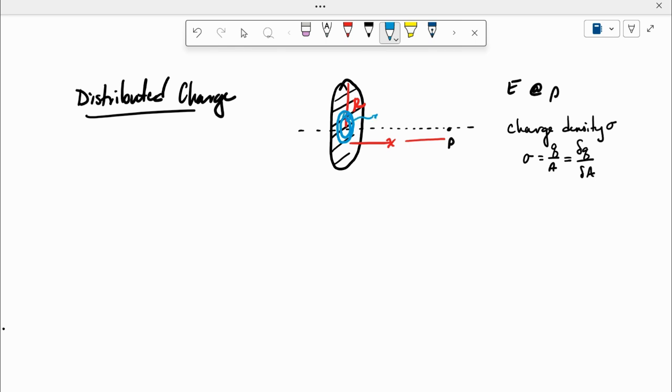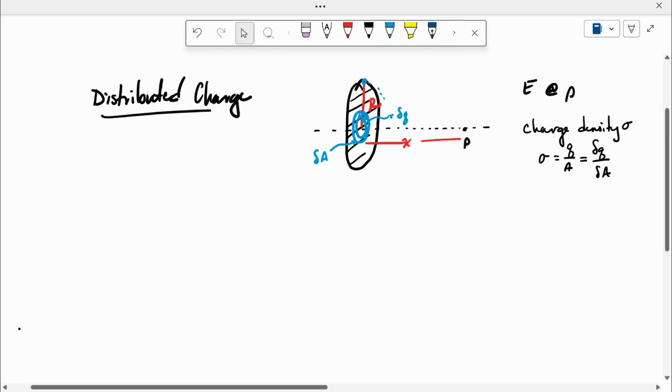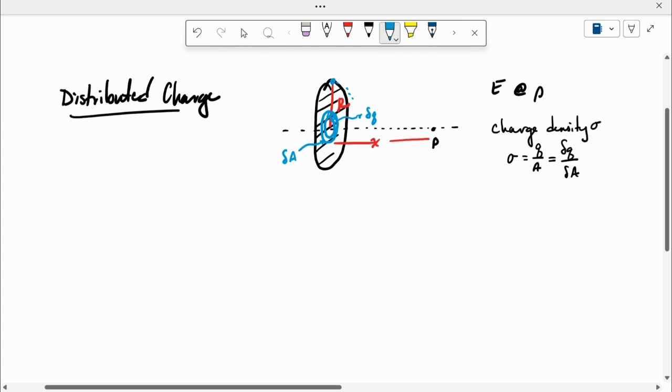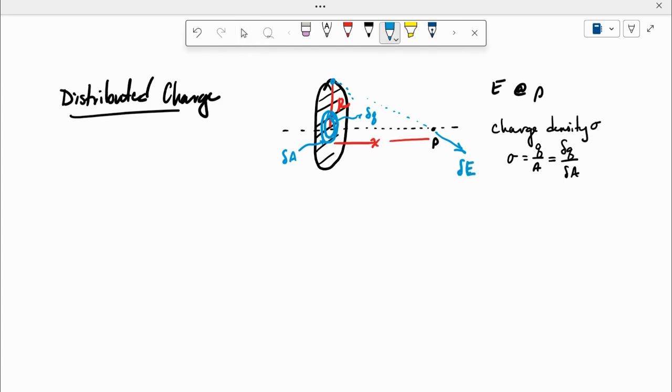So each of these rings is our little piece of charge, but it's also our piece of area as well. If I look at a point here, it's going to create a piece of the overall electric field.